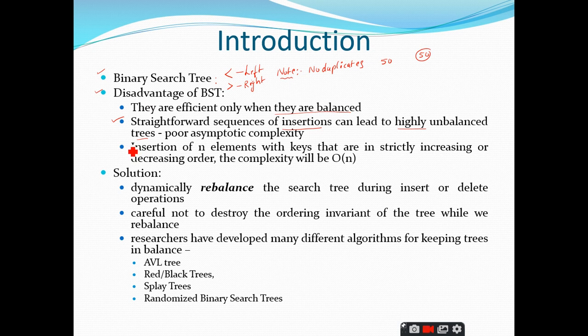So insertion of n elements with keys that are in strictly increasing or strictly decreasing order, the complexity will be big O of n. The simple point you have to remember here is, when you construct a binary search tree with n elements in increasing or decreasing order, the complexity of the operation is going to increase. That is what you have to remember, right?